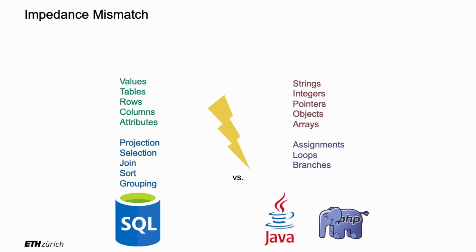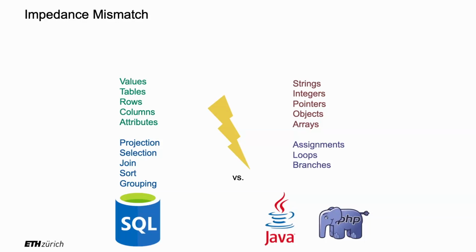Who knows Python? Who knows C++? Okay, so you're quite familiar with these languages. Probably when you use them, you never heard words like selection, projection, grouping. That doesn't really exist there. Instead, what you use is a string, an integer, a pointer, an object, an array, an assignment, a loop, a branch, and all of this vocabulary.